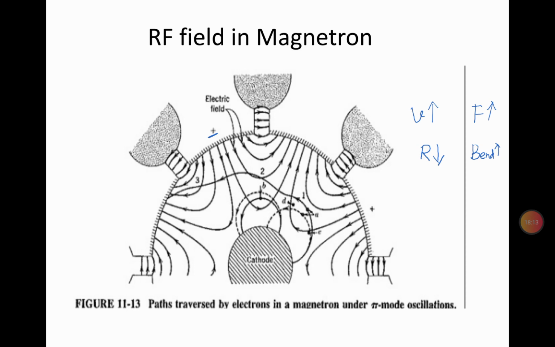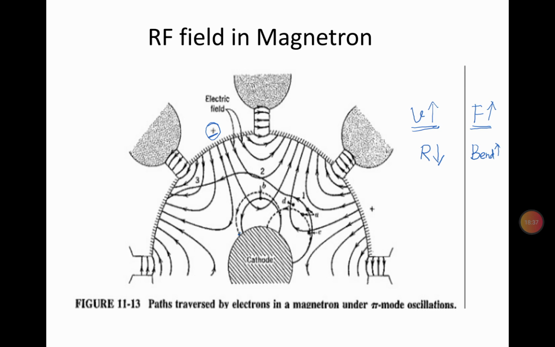What I want you to understand here is, had this RF field not been present, the electron released during this time of the RF field would have taken this dotted line path and come back to the cathode. But what is it doing? Because of the positive potential, its velocity is increased, and the magnetic force has increased.